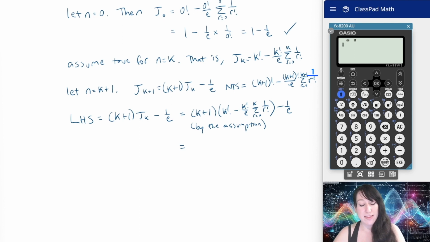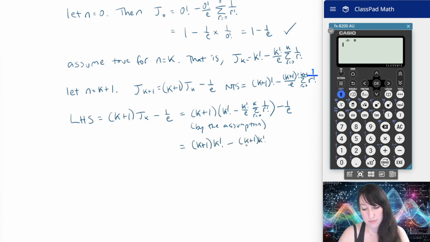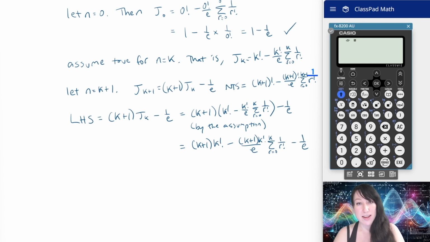Let's just multiply the k plus 1 as one thing through that second bracket. The reason I wanted to keep that k plus 1 as one thing together is because k plus 1 times k factorial is k plus 1 factorial.